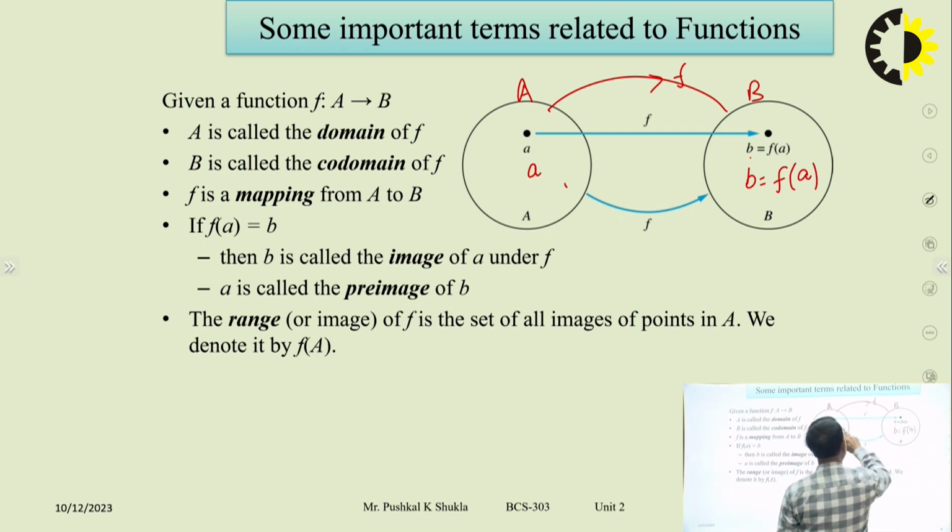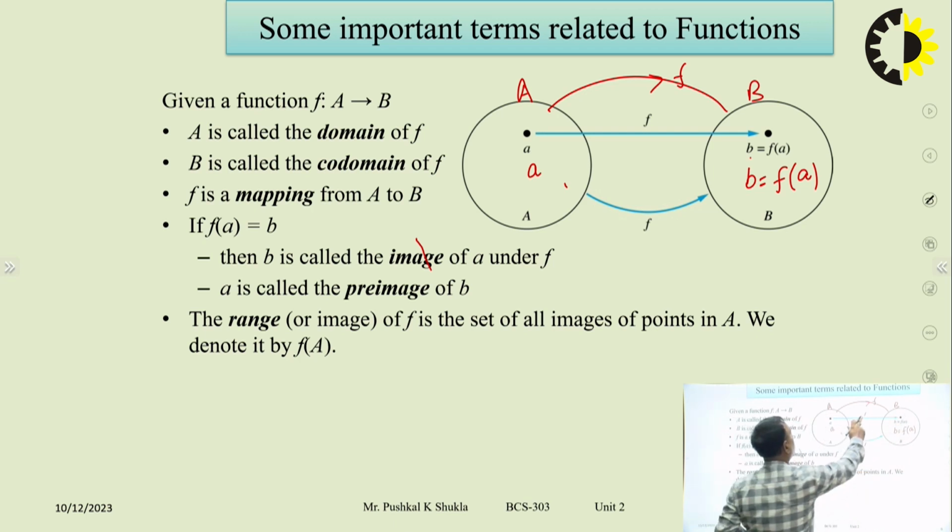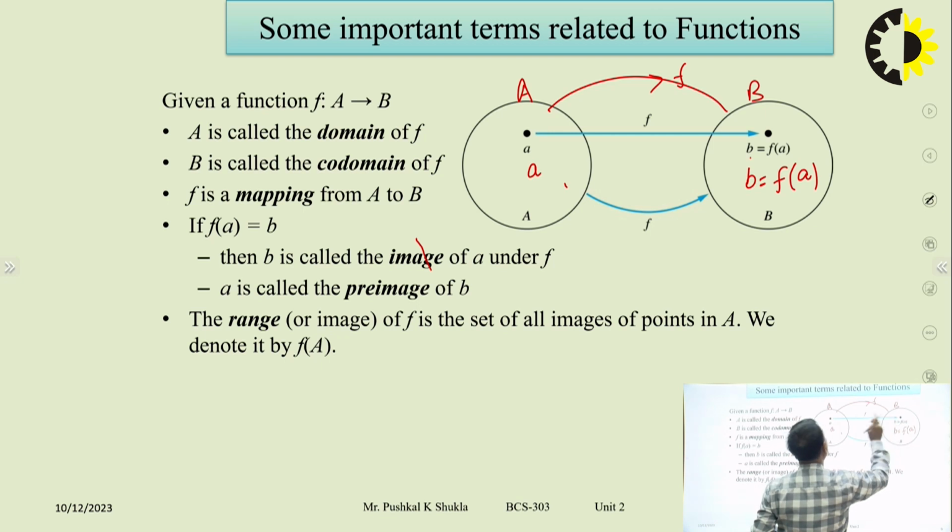So a and b are associated under the function f, and we can say b is a function of a. Given a function f from A to B, A is called the domain and B is called the codomain. f is a mapping from A to B, written as b equal to f(a). Then b is called the image of a, and a is called the pre-image of b.